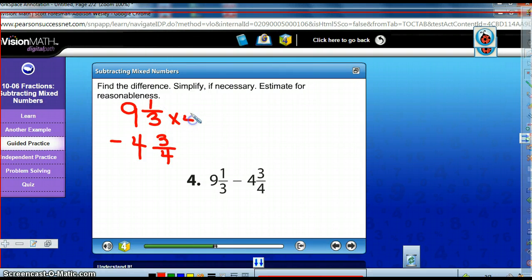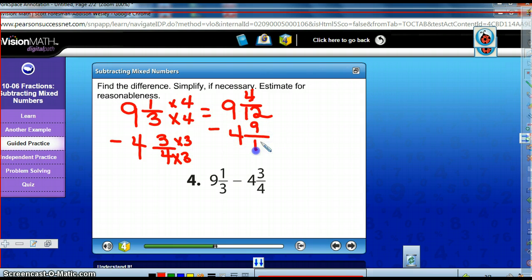We have to take 3 times 4 to make it a 12. What we do to the bottom, we do to the top. It now just becomes 9 and 4/12. We have to take 4 times 3 to make it a 12. And so that fraction just became 4 and 9/12.